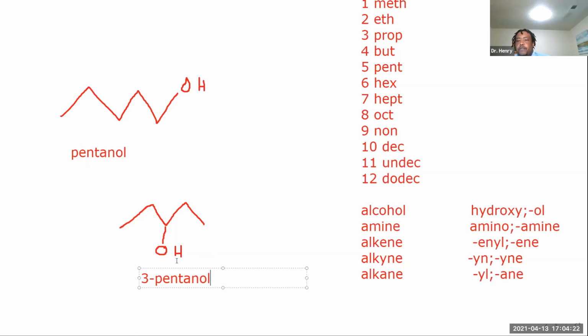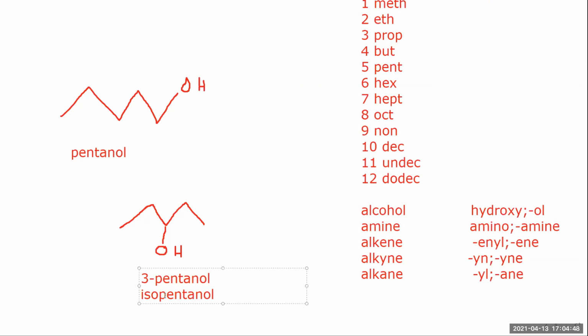That tells me that the most important group is on the third carbon. It's a 5 carbon chain, 1, 2, 3, 4, 5. This guy would be called 3-pentanol, or isopentanol. Iso meaning the same, you have the same number on both sides.